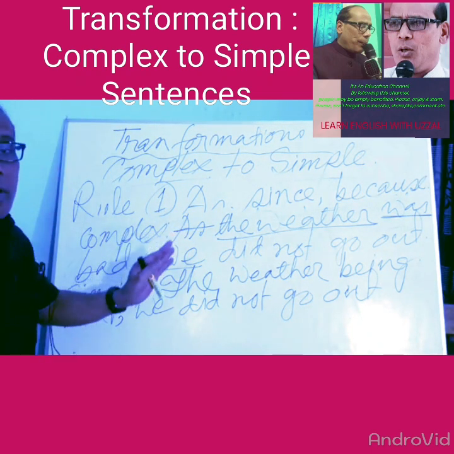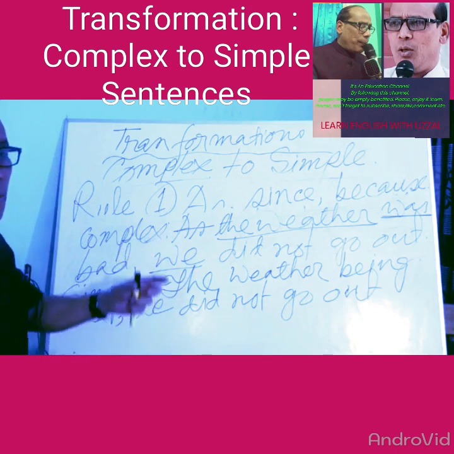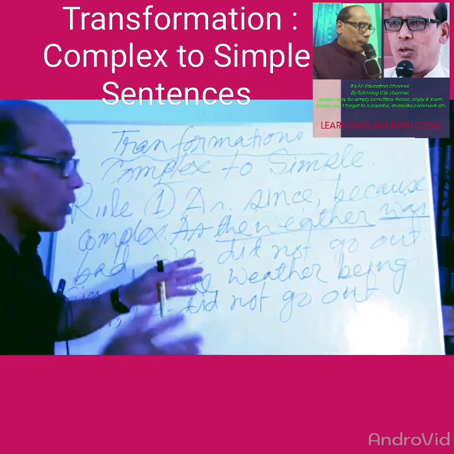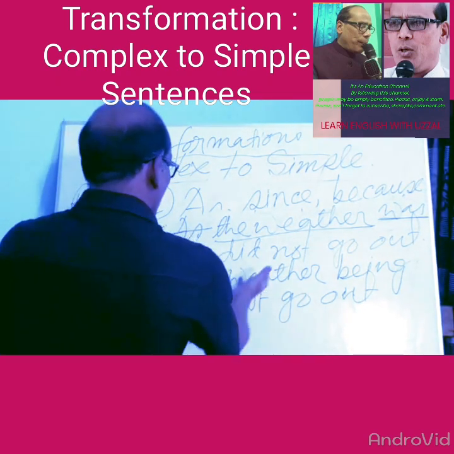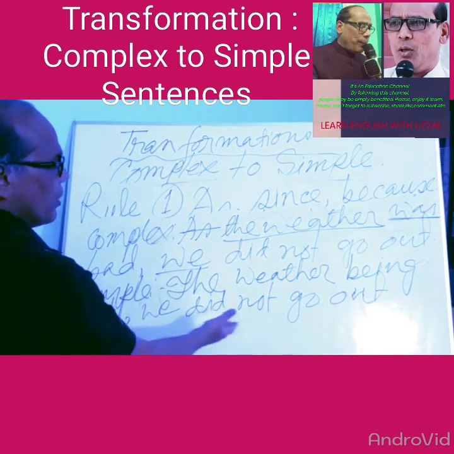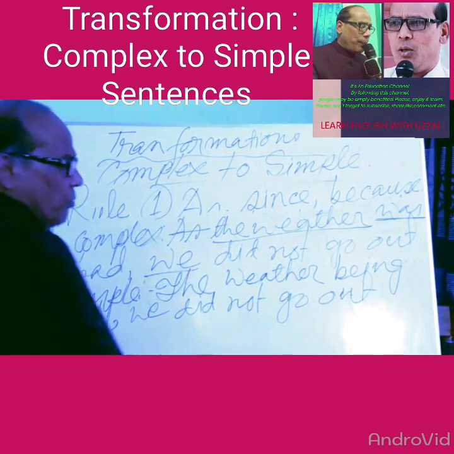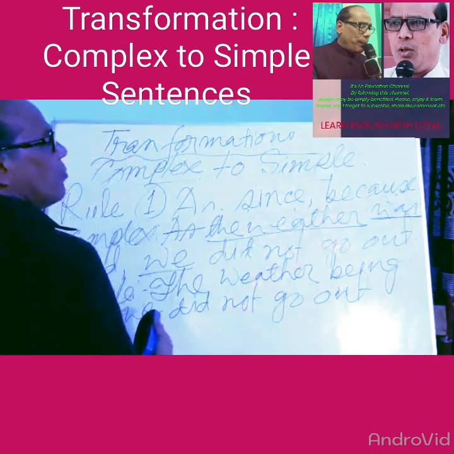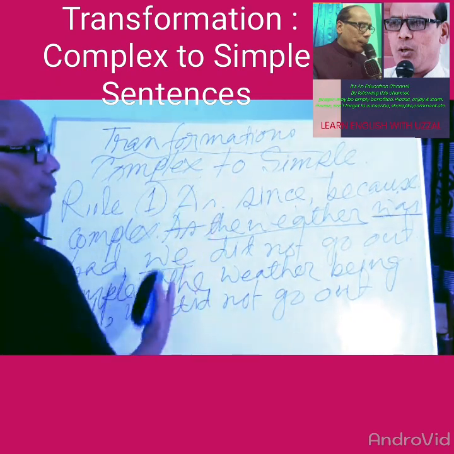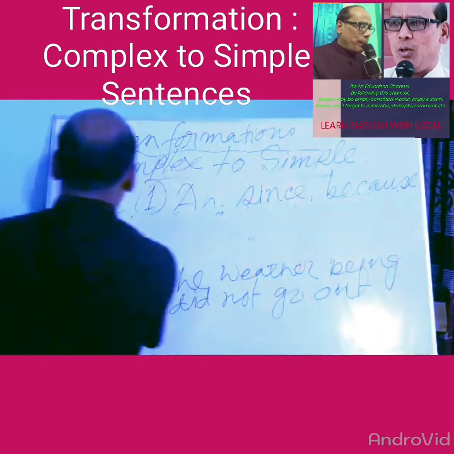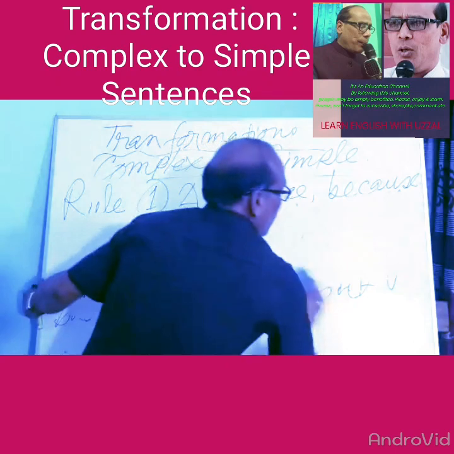And in the case of different subjects, we will have to keep both the subjects and change only the verb. Here I have done so. The weather being bad, we did not go out. So very easy if you follow this. Only ing form has been added to the base form of the to be verb. And let me go to the next rule, rule 2.